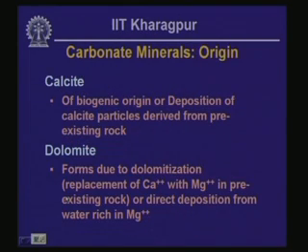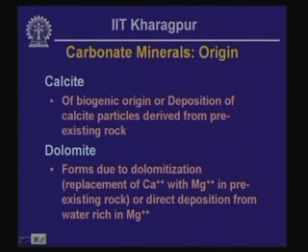What are the origins of carbonate minerals? Carbonate minerals have a biogenic origin, or it could be deposited from the calcite particles from pre-existing rocks by the action of water. So, water can solubilize calcium carbonate from pre-existing rocks, and it can deposit that through an inorganic process, and that also could give rise to calcite rocks.